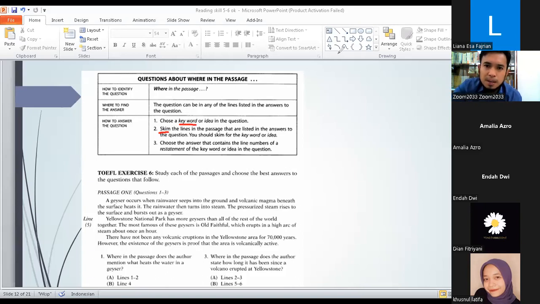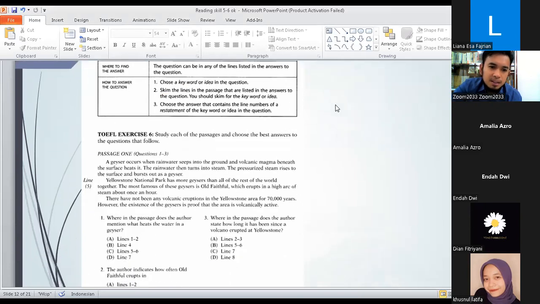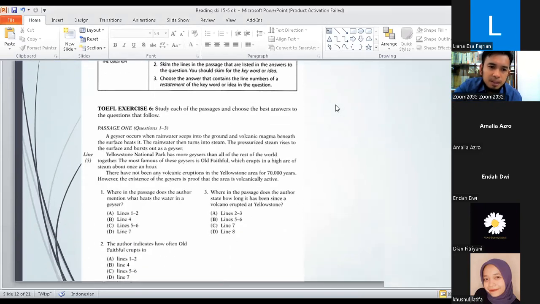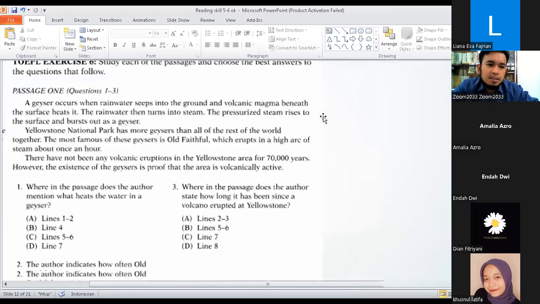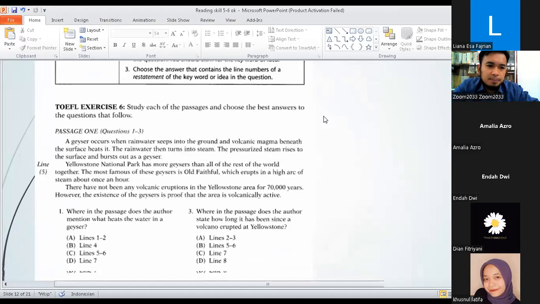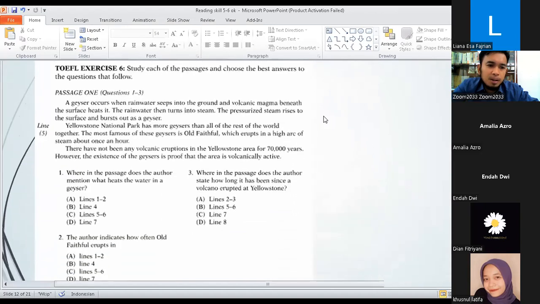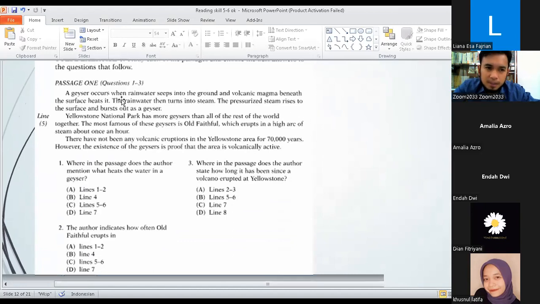So what about the following questions? We have 3 questions here. Can you see this? Number 1 until number 3, the passage 1 questions. The first one, the second one, and the third one.